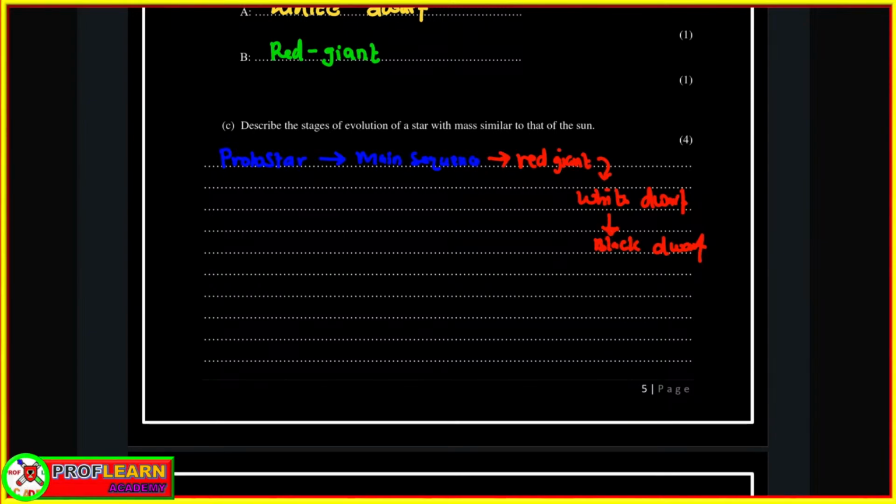In the main sequence stage, the fusion of hydrogen nuclei continues, resulting in the formation of helium. When hydrogen is used up, the star runs out of fuel, the outward forces become less, and the star collapses due to its gravity.